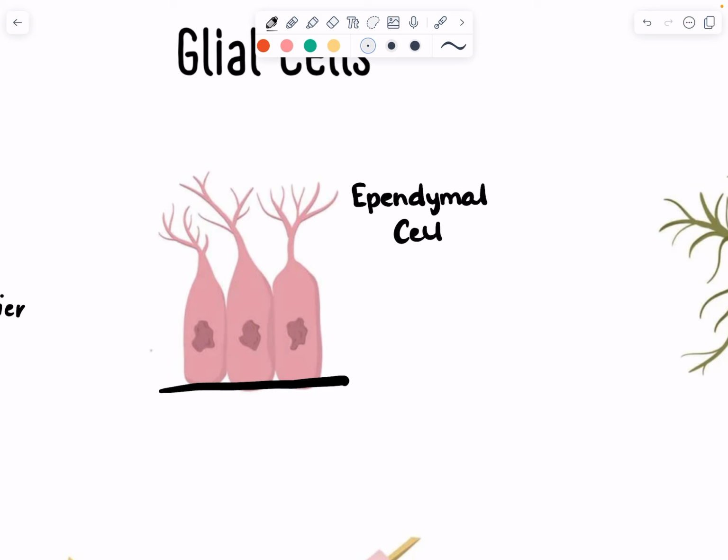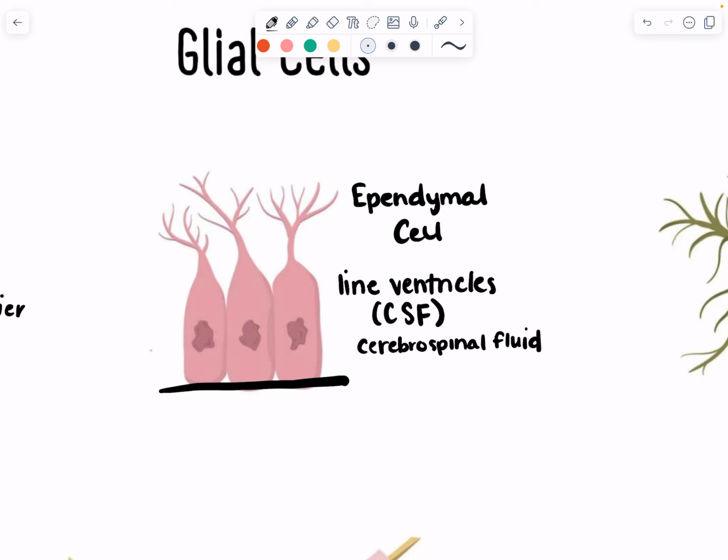The ependymal cells are going to line our ventricles. We're going to talk about the ventricles in a future video, but those ventricles are where the cerebrospinal fluid is formed. CSF stands for cerebrospinal fluid. And it is these ependymal cells that help create that cerebrospinal fluid.